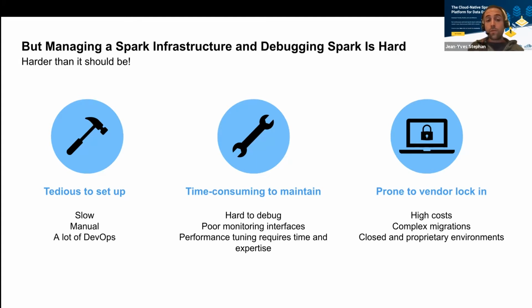So these are the problems that we're trying to solve at Data Mechanics: make sure it's not as tedious to get started, make the platform more open, make the platform more cost-effective, leading to lower costs, and make it simpler to debug Spark applications. And Delight is a specific tool that we developed and that tries to help with this pain point.